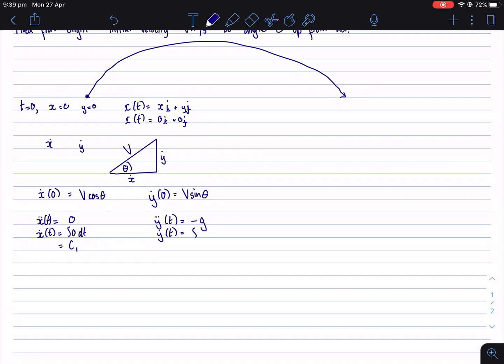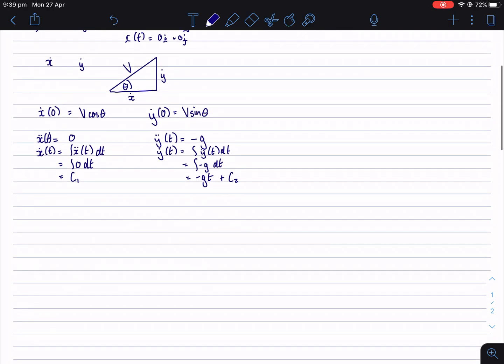I want to give some more working out. Plus C2.